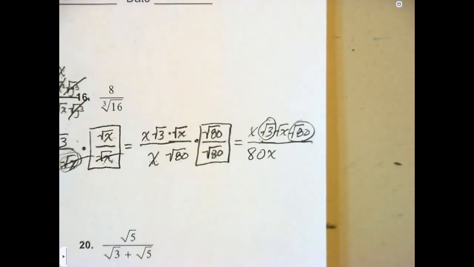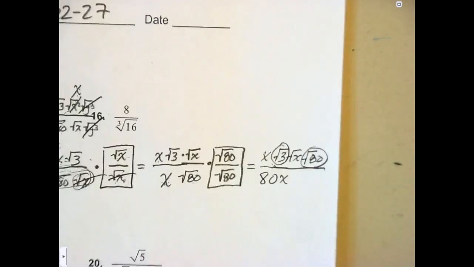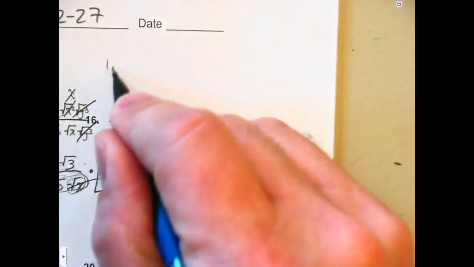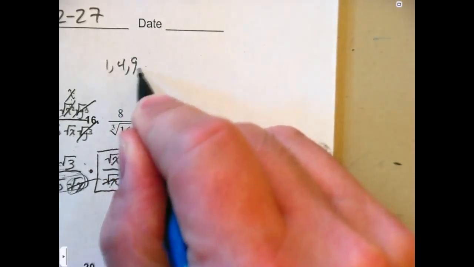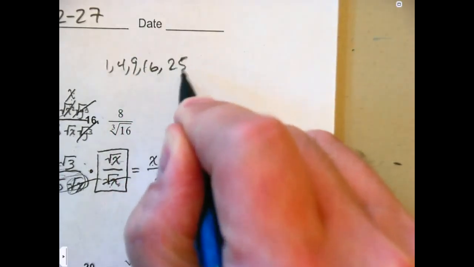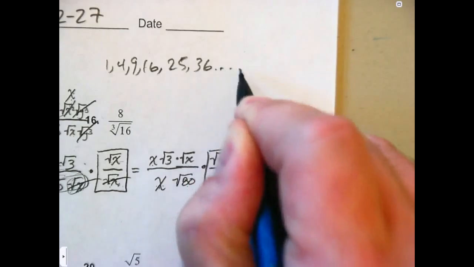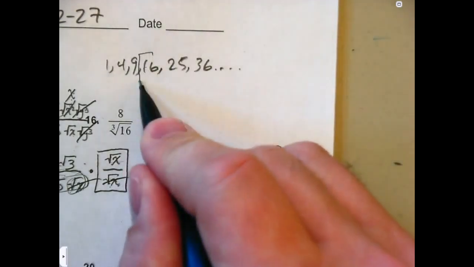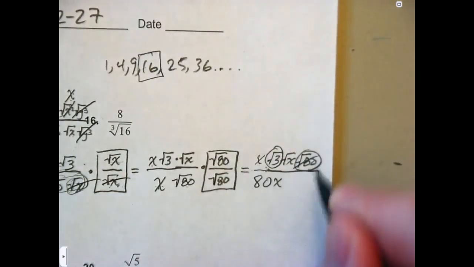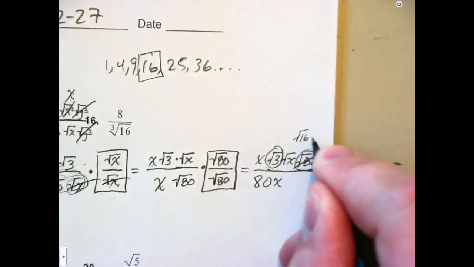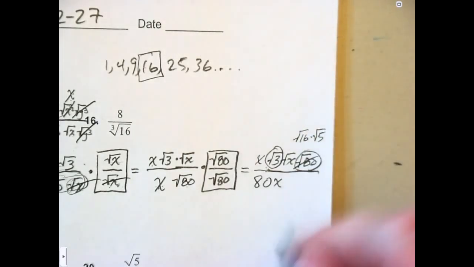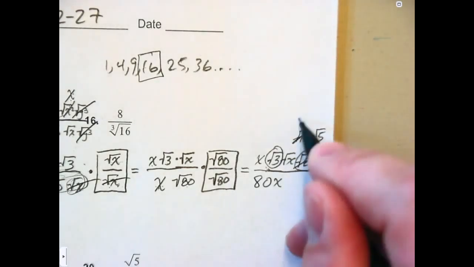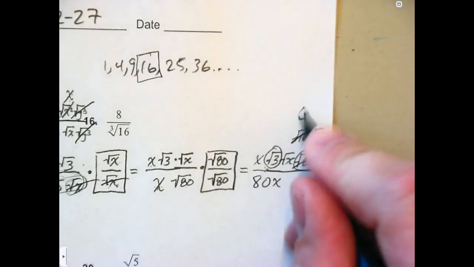Got to test perfect numbers. What are our perfects? 1, 4, 9, 16. Testing all the perfect squares: 16, 25, 36, and so on. 16 goes into it. How many 16s? 5. What's the square root of 16? 4. So 4 root 5.